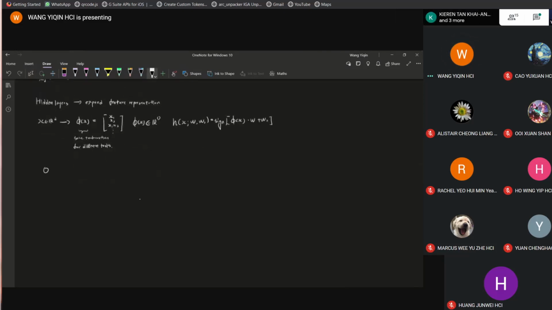So we do not transform it beforehand. We simply take it raw and put it into the model: x1, x2, and so on to xd. I'm just going to draw these lines because I'm not going to connect every single one. You can have many neurons in this hidden layer.